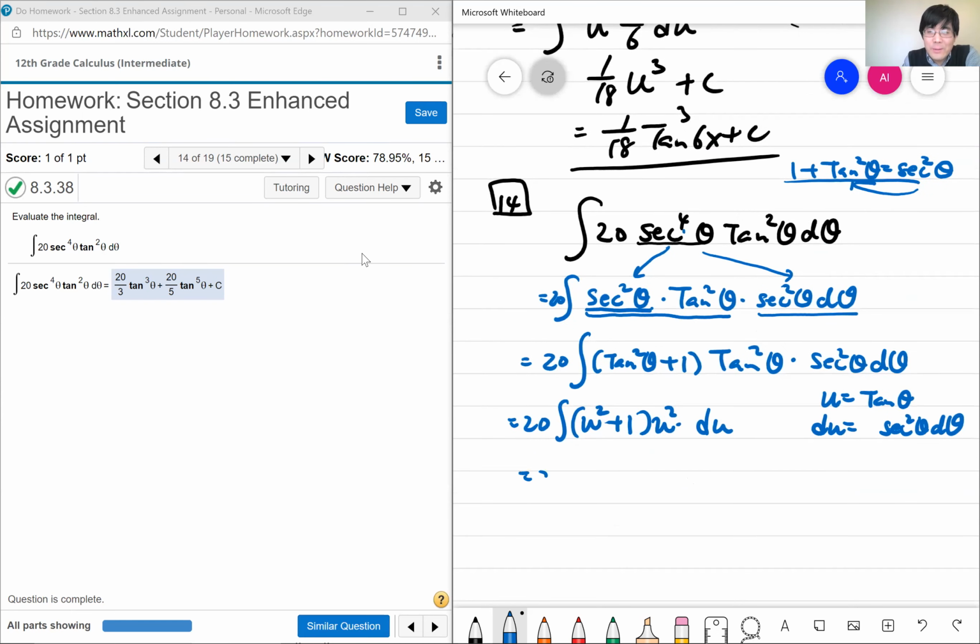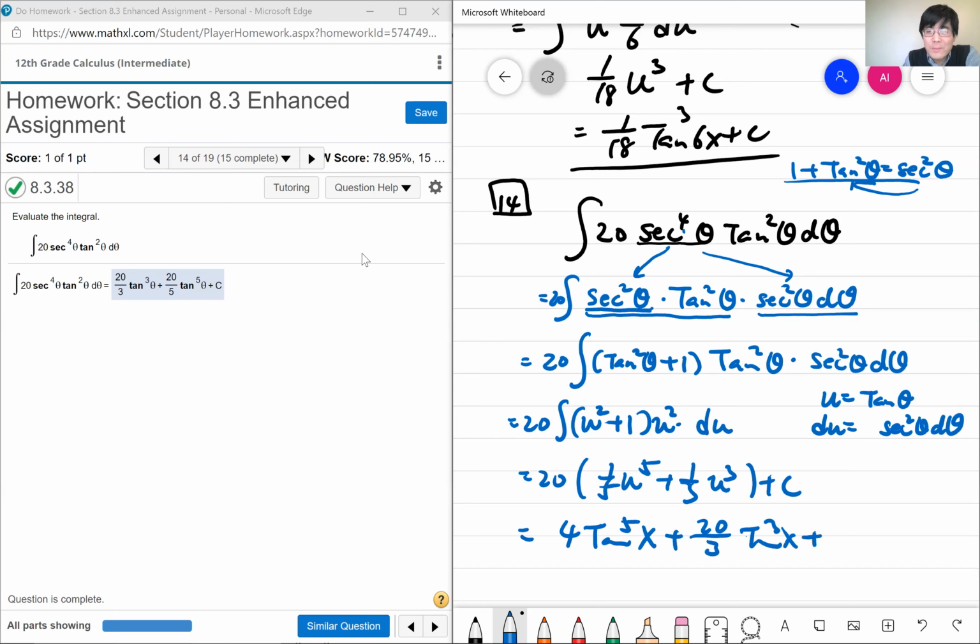Then after integrating, you want to get u to the 5th times 1/5 plus u cubed 1/3 plus c. So it's going to be 4 tangent to the fifth and 20/3 tangent cubed plus c. Did I miss something? 20 divided by 5 isn't right, it should be 4. And oh, of course, I missed it. It's not x, but it's theta. Good.